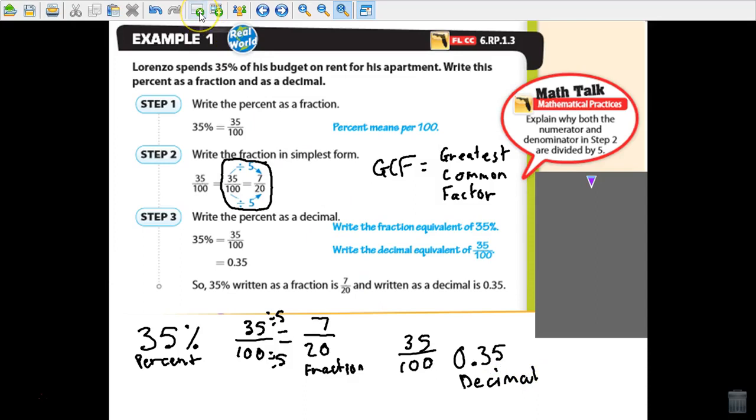So an easy way to remember how to change a decimal to a percent or a percent to a decimal, I'll write this out for you.